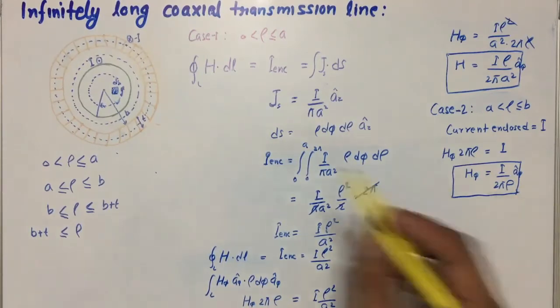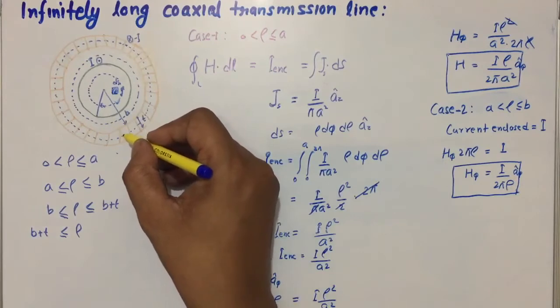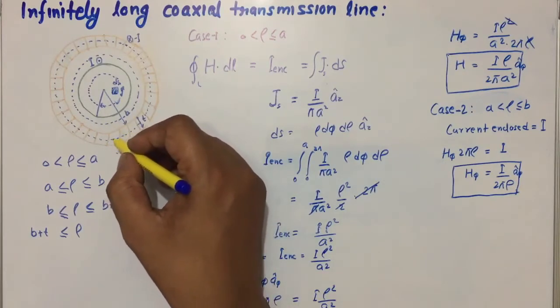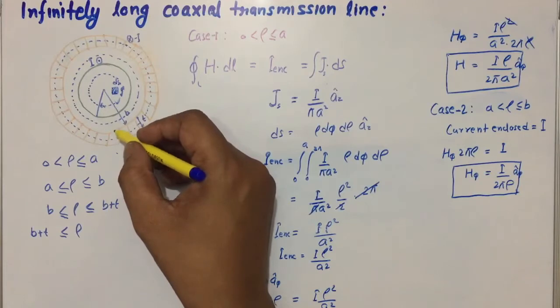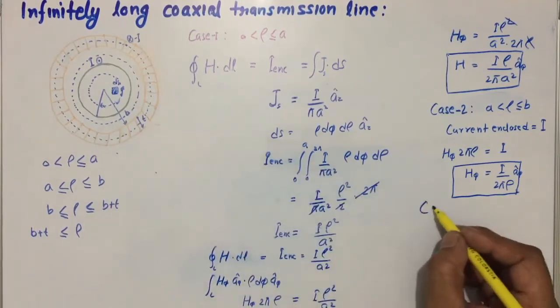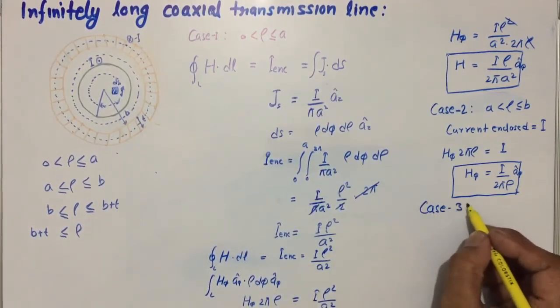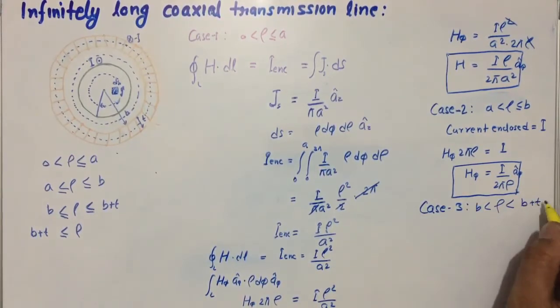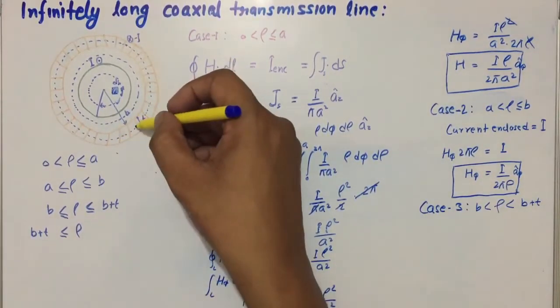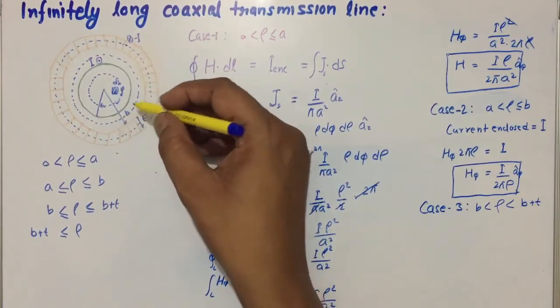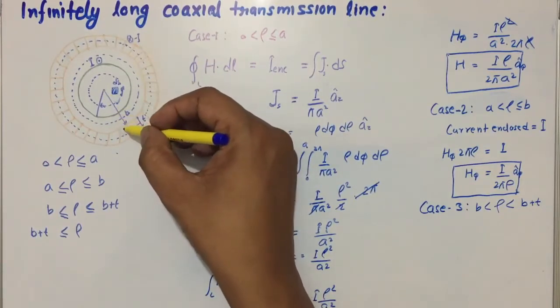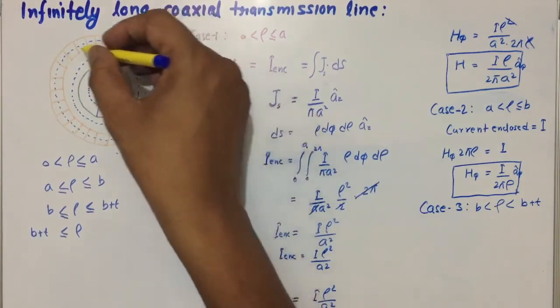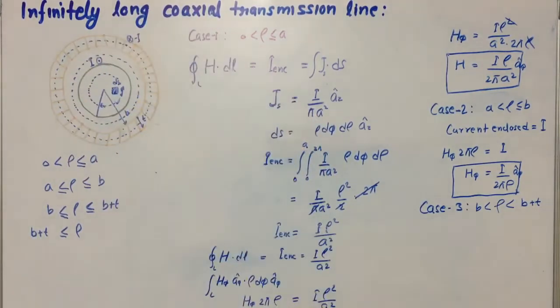Okay, consider the third case, when our point of interest, that is the observer, is lying inside the second conductor. So in case three, when rho is lying between B to B plus T, in that case the current enclosed will be this current plus this current, if this is the path considered as the Amperian path.